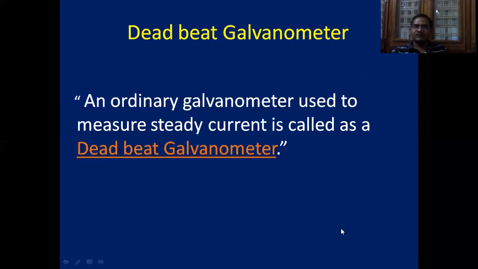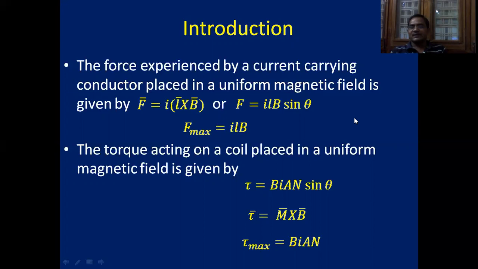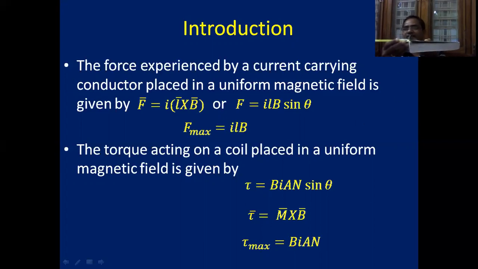So for example, this is a rectangular shaped coil, which is placed in the uniform magnetic field of induction. So here the pen is pointing the direction of the field. In this case, the plane of the coil is parallel to the field direction.